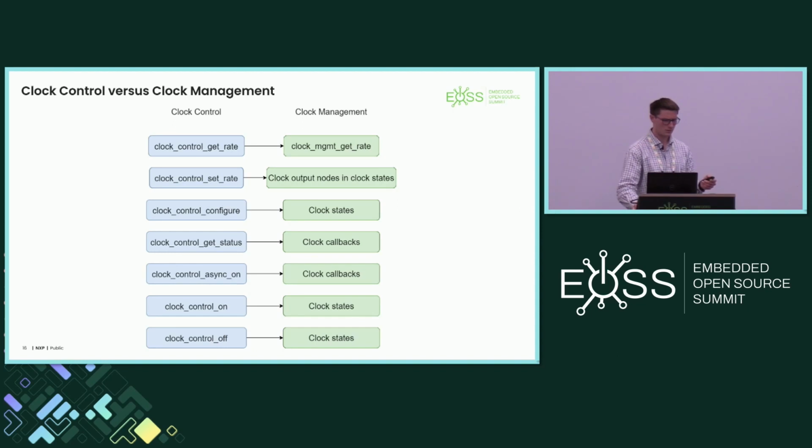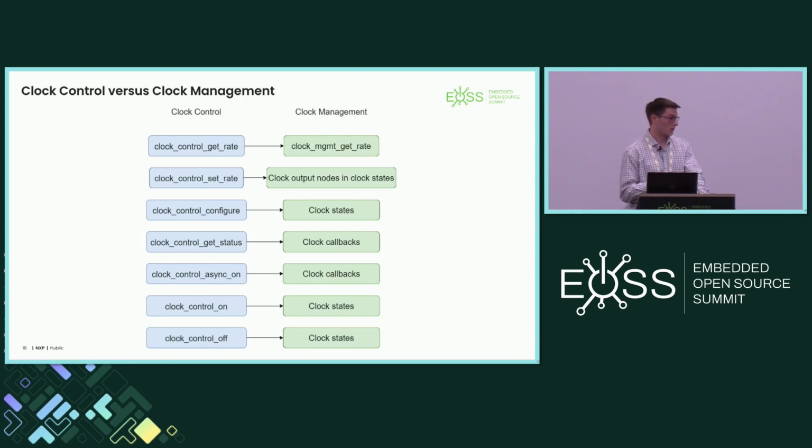Clock control configure is relatively straightforward. This was already passing a void pointer through, and now we would use clock states to define those configuration values and then pass them through to clock drivers. Get status and async on. So both of these, I think we can probably handle via the callbacks, because what you're interested in is the status of your clock, and we can pass that down via this notify API, in particular async on.